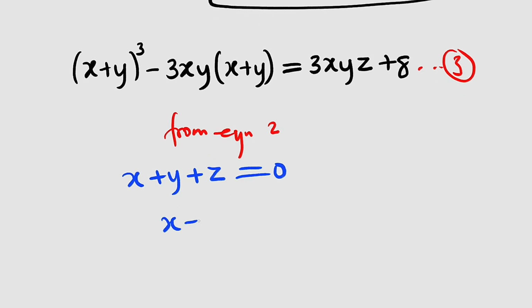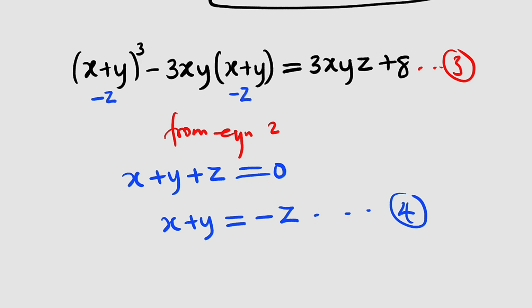Therefore, x plus y is equal to negative z, and we can call this equation number 4. We are going to substitute it into equation number 3, so we have a negative z here, also negative z here.